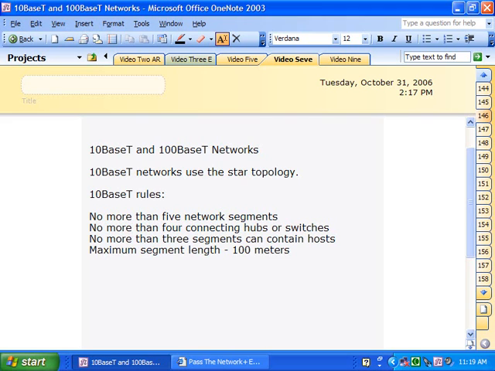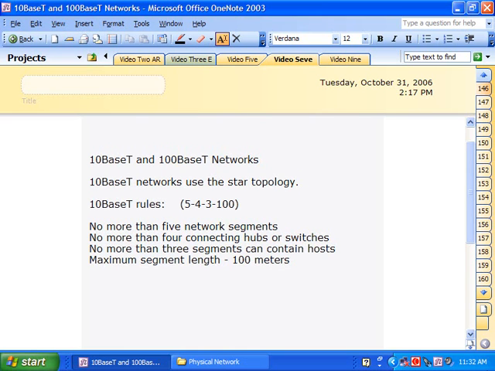And there's a lot more to know about 10BaseT and some of its oddly named relatives. So let's take a closer look at that. A 10BaseT network is going to use the star topology, where each host is connected to a central device, whether that be a hub or a switch. You recall our discussion earlier about the different topologies.